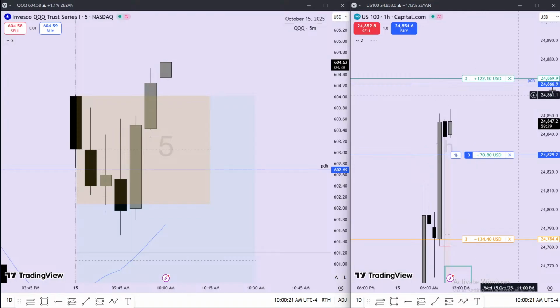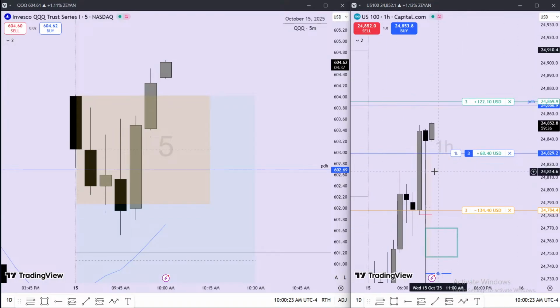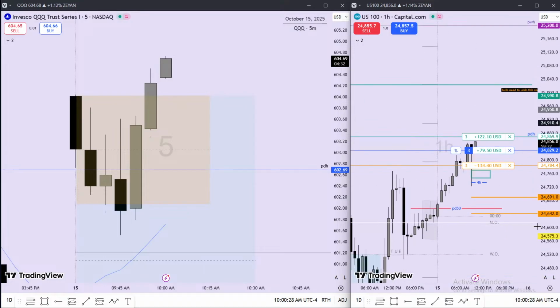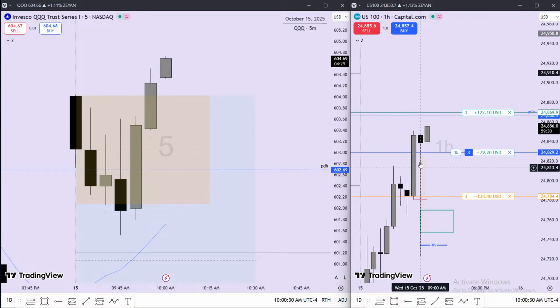Hourly candle closed, this is the most bullish candle I've seen in a while. It is really good.